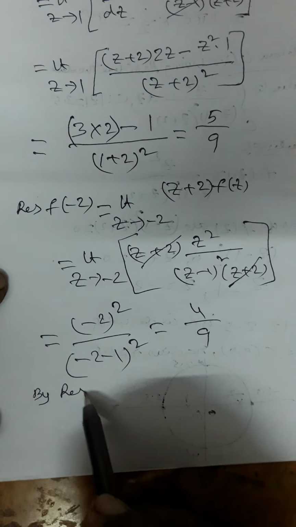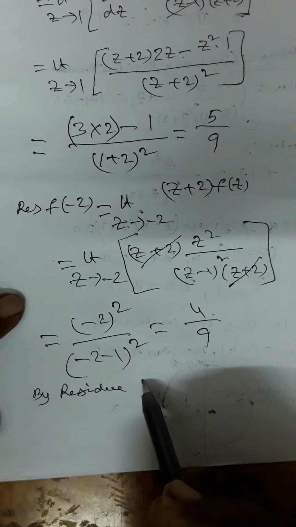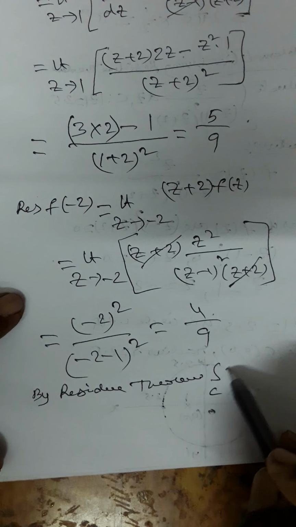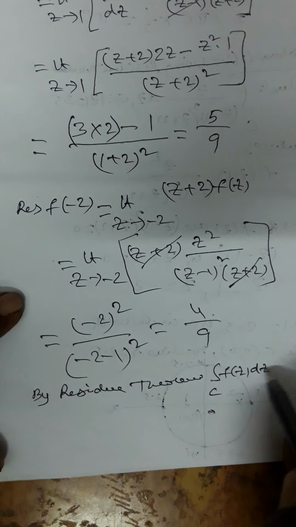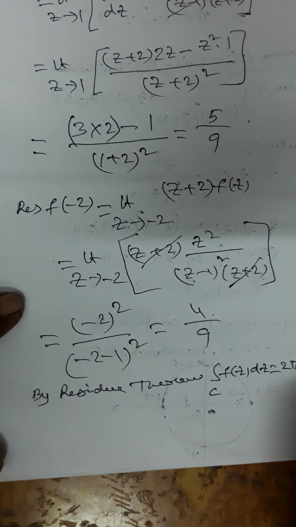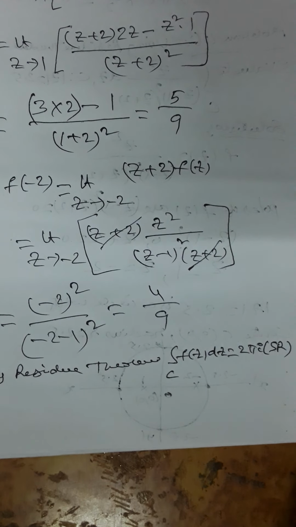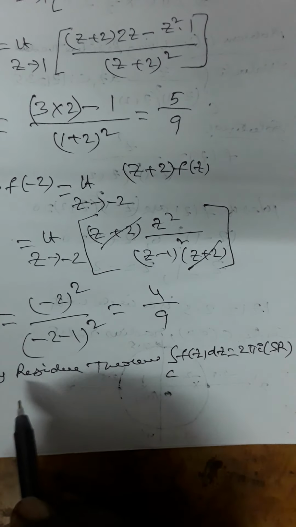By the residue theorem, the integral over C of f(z) dz is equal to 2 pi i into SR, where SR means the sum of the residues.